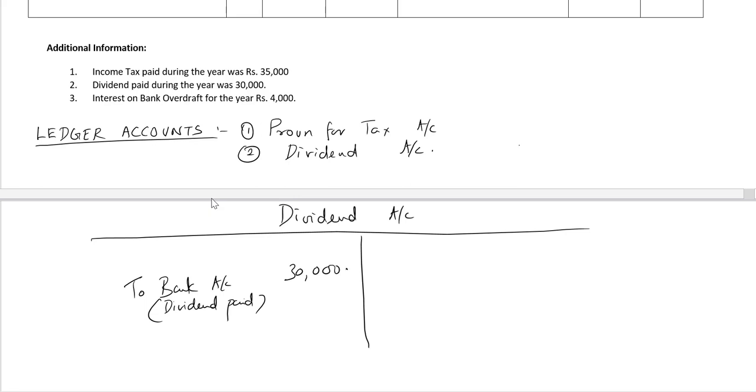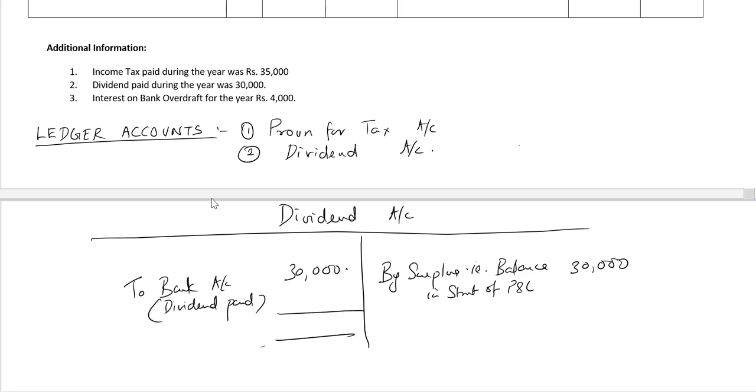There is no other mention of any other amount, so we need to provide by surplus, that is balance in statement of P&L, which will also be 30,000 rupees. The ledger accounts are done. We'll move on with the solution of preparing the cash flow statement.